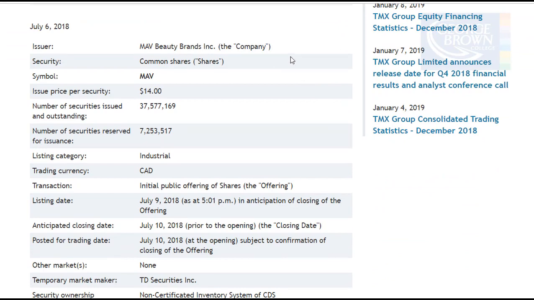Who's the issuer? MAV Beauty Brands Inc., which is the company. They issued common shares, the symbol MAV, and the issue price per security was $14, okay? The number of securities issued and outstanding, 37.5 million. The number of securities reserved for issuance, 7.2 million. Listing category was industrial, trading currency, Canadian dollars, okay?